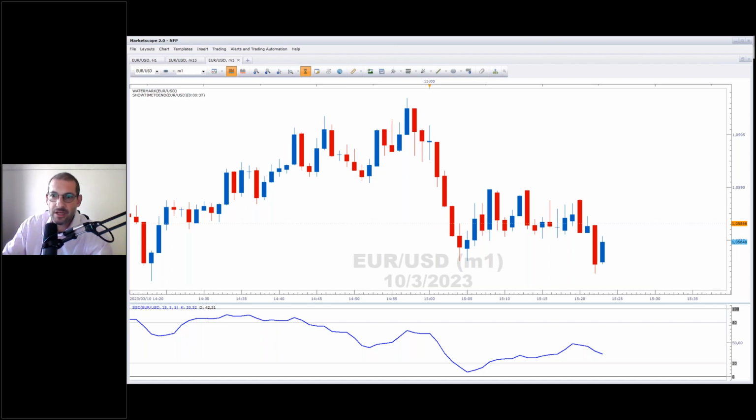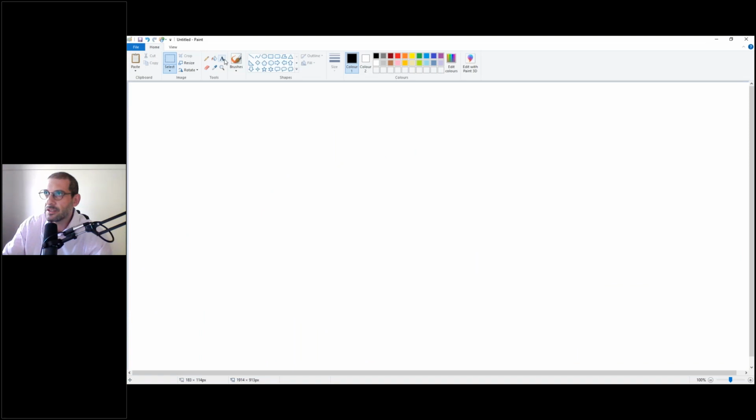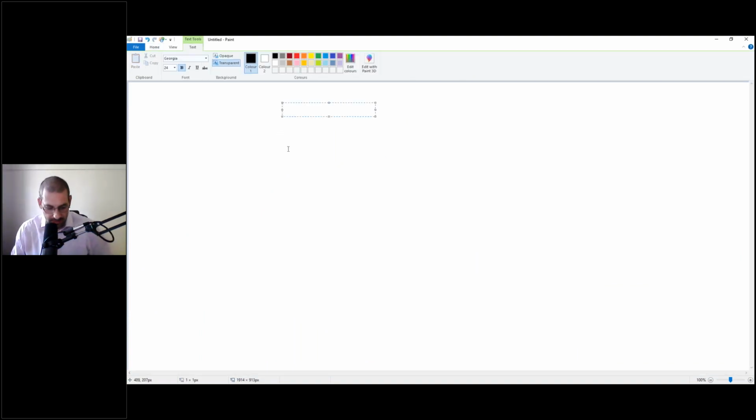Just to give you an idea of what we are looking to do today, we're going to be trading Euro US dollar. We'll put a stop loss in of 20 pips and a take profit in of 20 pips, so that gives us a 1-for-1 risk to reward ratio.